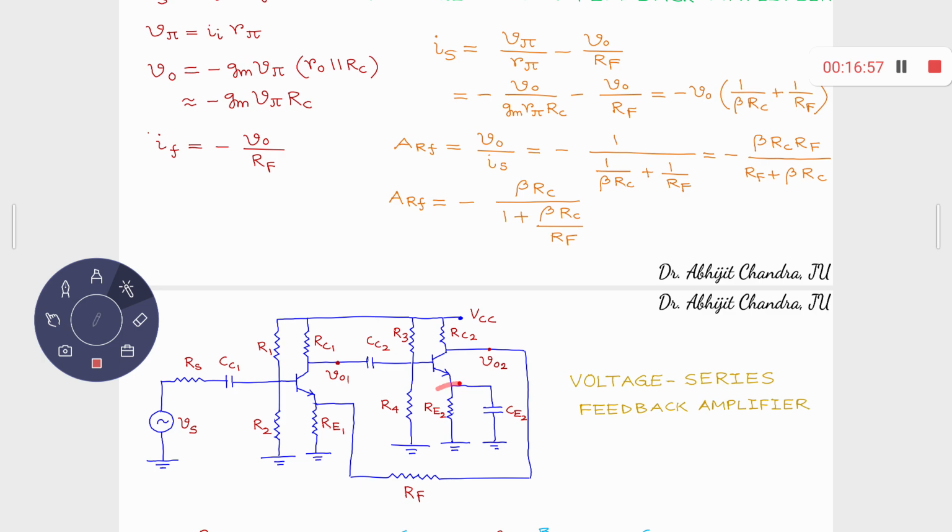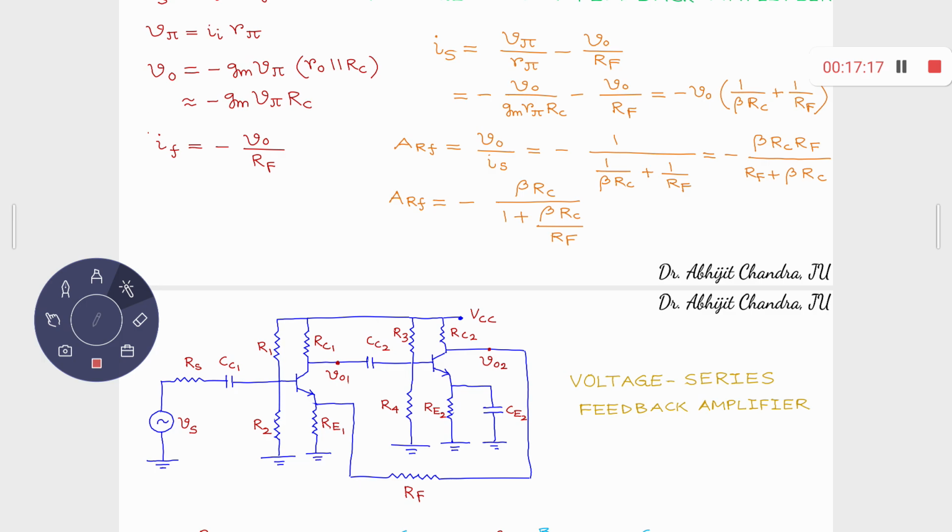And for this second stage, you don't want to have some local feedback. Because as you have already studied, for current series feedback, if I have some unbypassed emitter resistance, that gives rise to current series kind of feedback.